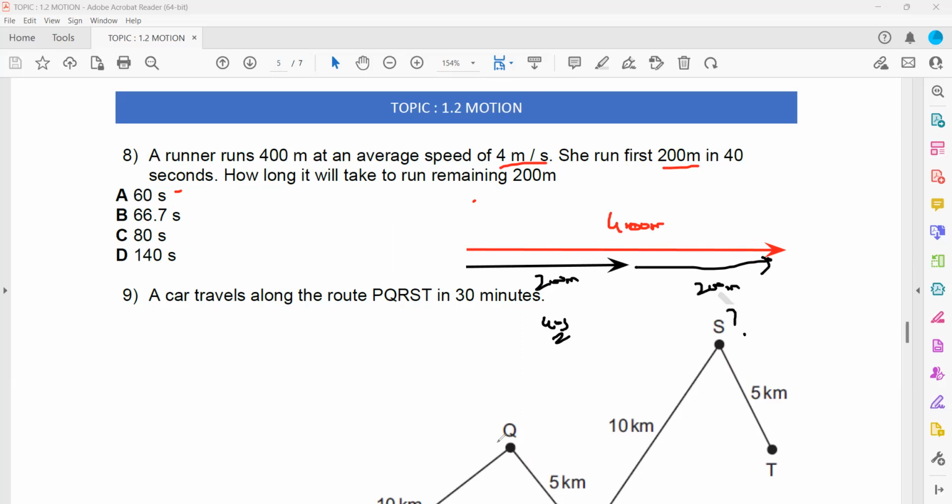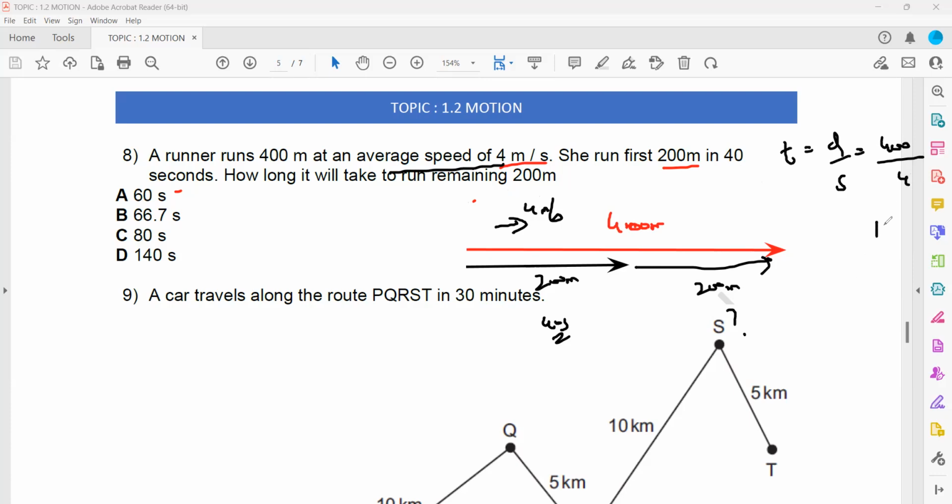That's the question. So first, the average speed for the whole journey is given. The average speed is 4 meters per second. So first we'll find how much time she will take to run the complete race. We have the formula: time is distance divided by speed. So the distance is a total of 400 and her average speed was 4.